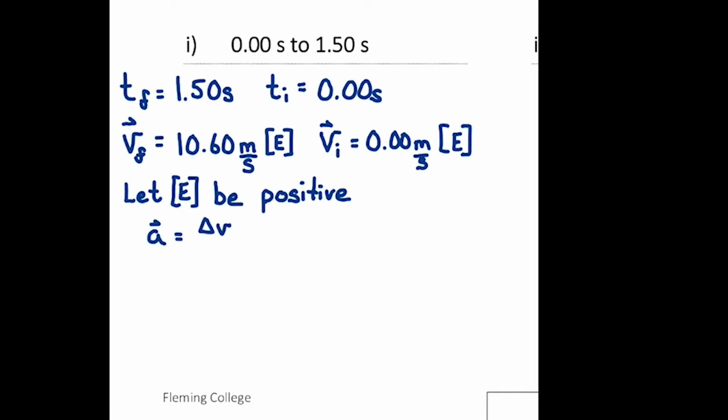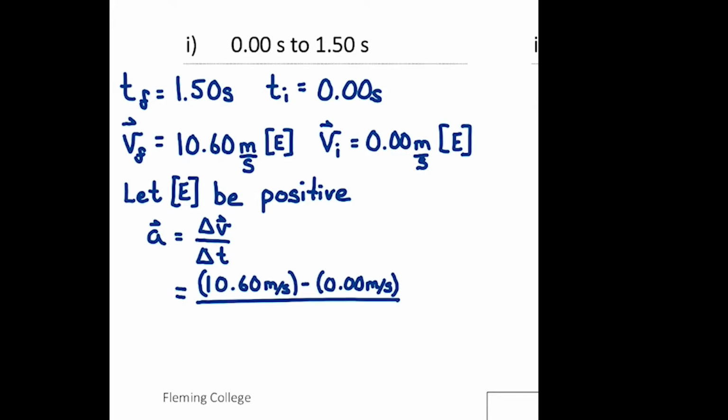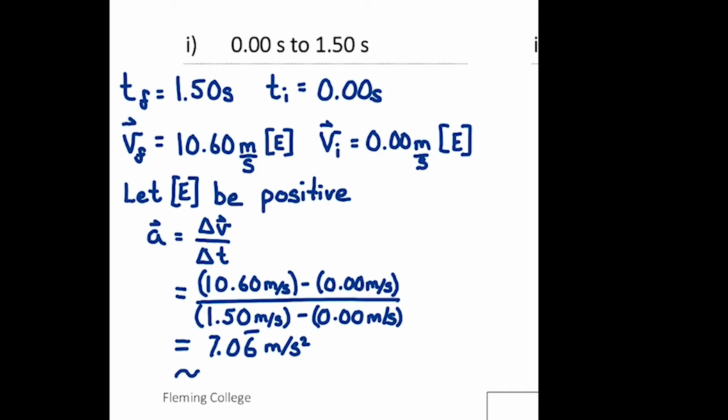Now, stating our formula that we wish to use and substituting our values in the correct order, our calculator will tell us that this is 7.0 and 6 repeated meters per second squared. If we consider our significant digits, then this is approximately 7.07 meters per second squared east.